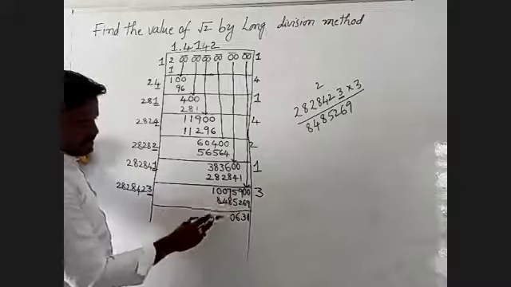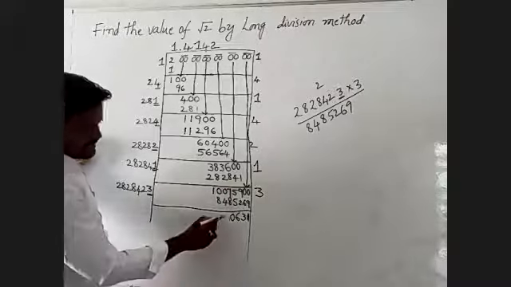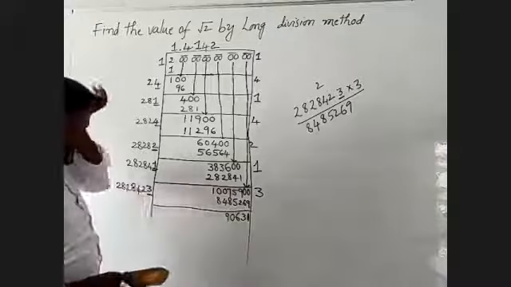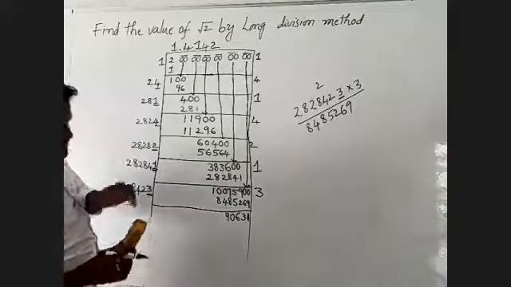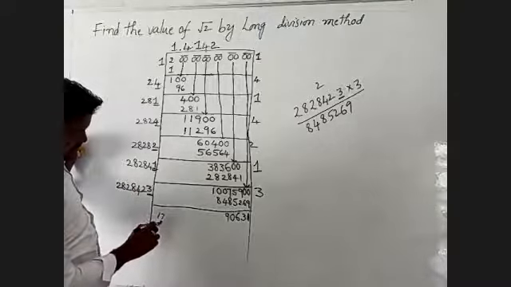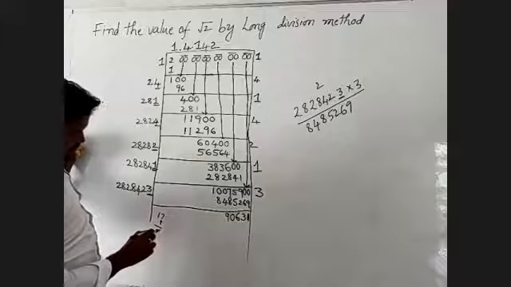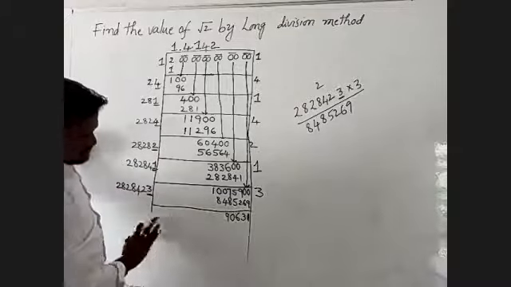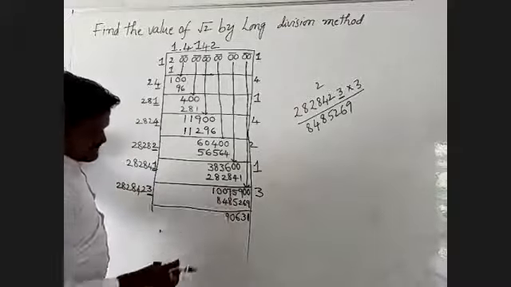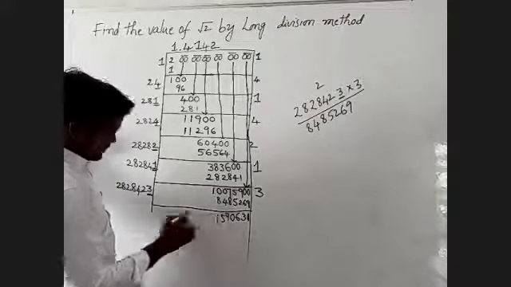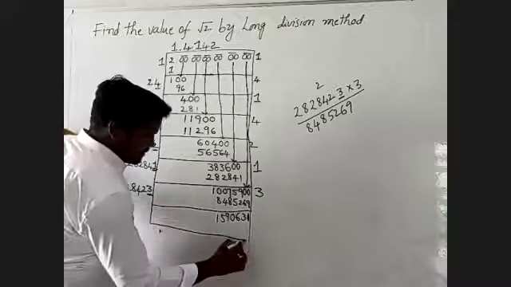After that, this value 17. 17 minus 8 becomes 9. And also we'll take 9 minus 4 becomes 5. 9 minus 8 becomes 1. Hence, the step will be complete.